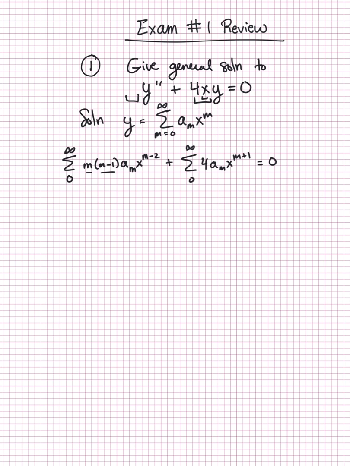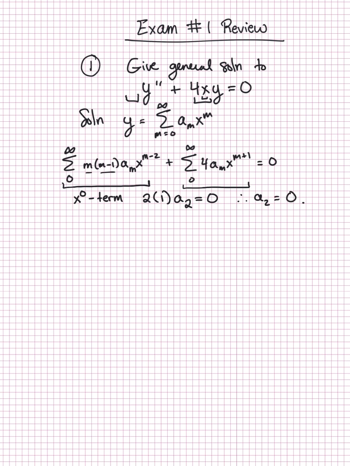The first non-trivial term comes up with x0, which will just come from the first sum, because in the second one, all the powers of x are greater than 0. So the x0 term comes from a2 in the first sum. We get 2 times 1 times a2 must be equal to 0, and therefore a2 must equal 0.